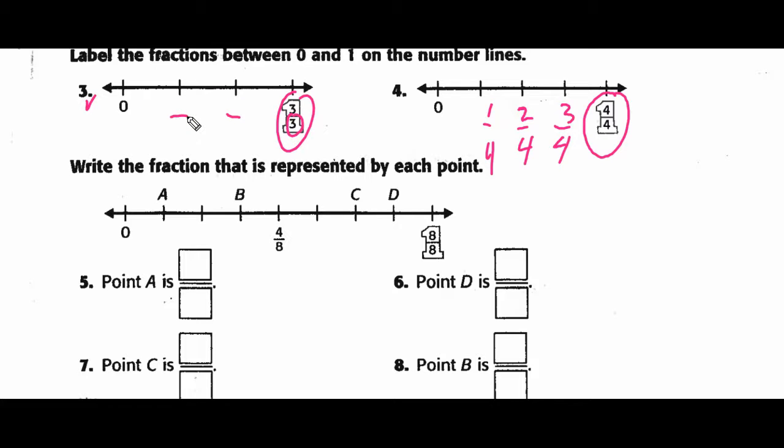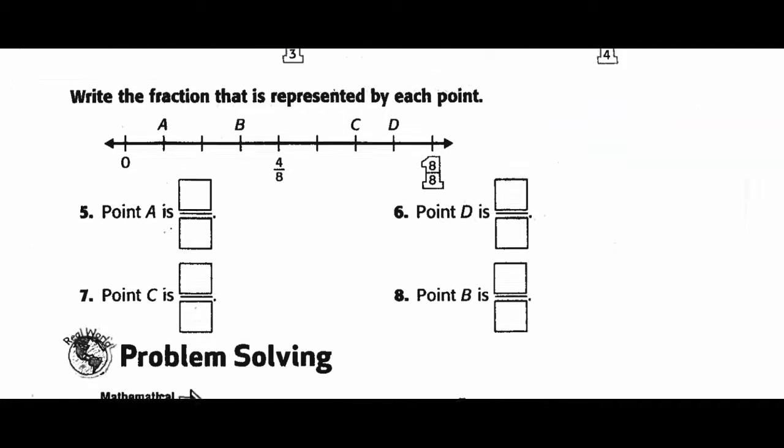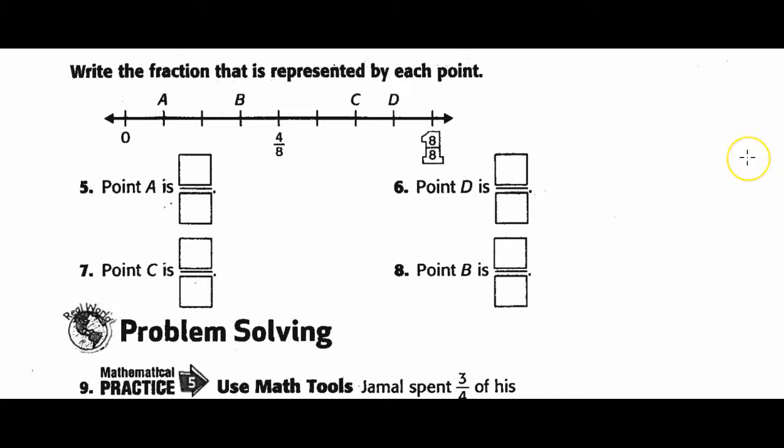And then 5, 6, 7, and 8, you have to use the number line to answer the questions. It says what fraction is represented by each point. So here, my denominator is what? 8s. So this is 8s, 8s, 8s, 8s, 8s, and 8s.